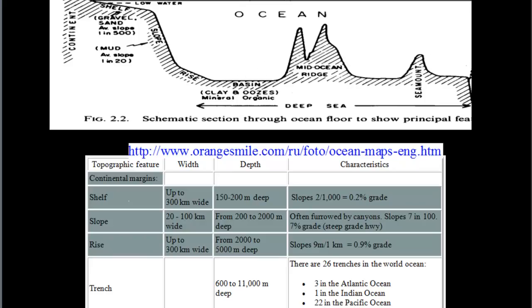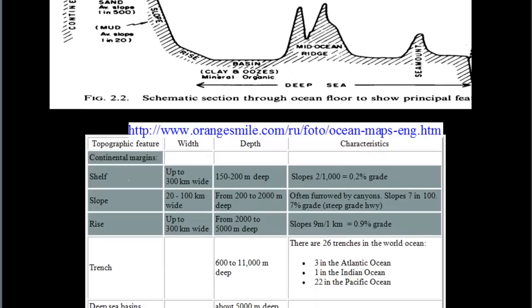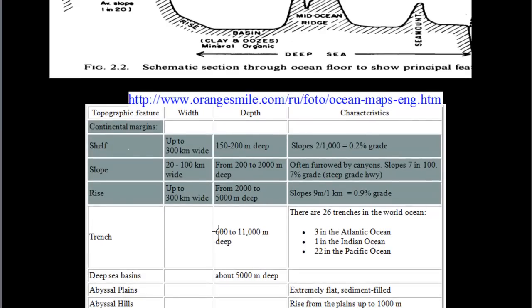Then the trench way over here, it's not really shown. That can be somewhere between 600 and 11,000 meters deep. You can see we actually have 26 trenches in the world. We have 3 of them in the Atlantic, where I pretty much live. We have 1 in the Indian, and we have 22 inside the Ring of Fire, the Pacific Ocean. Deep sea basins, 5,000 meters.